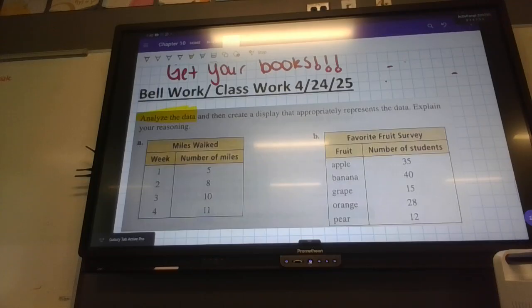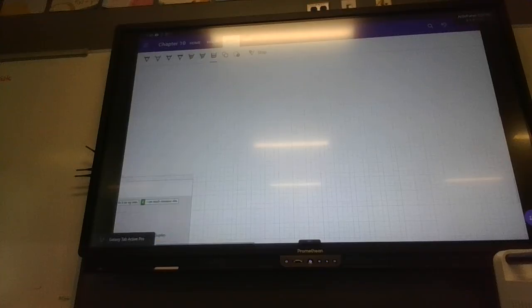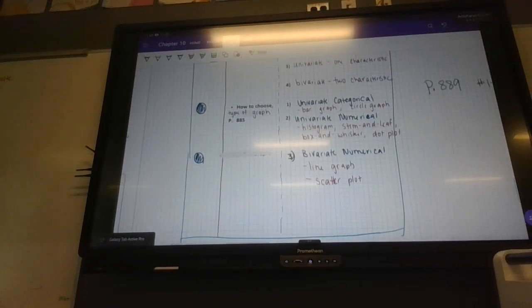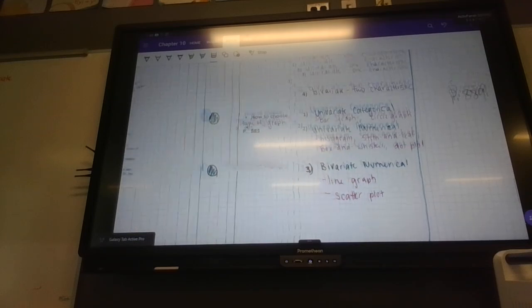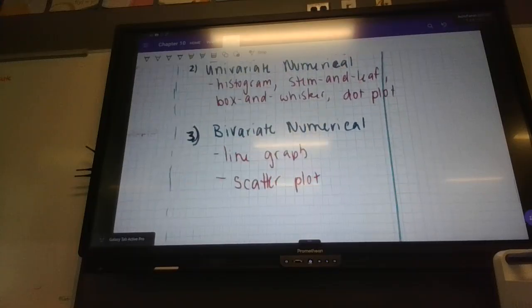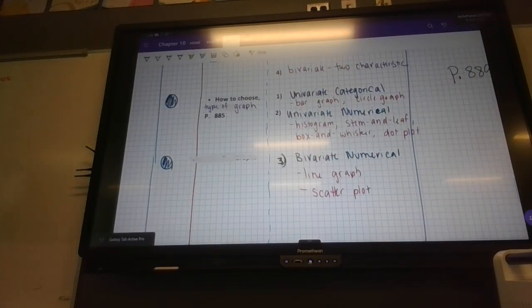Line graph and scatter plot. From yesterday, it says if you have bivariate numerical, you can do a line graph or a scatter plot. Those are the only two representations that are correct for bivariate numerical.